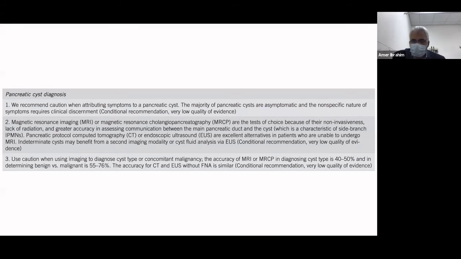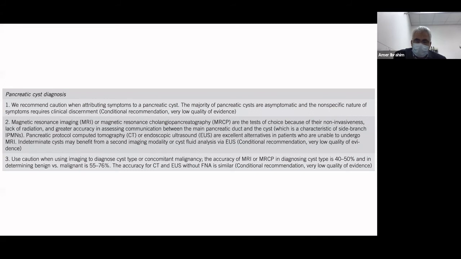Most of the pancreatic cysts, especially the small ones, which have no dilatation of the main pancreatic duct, are usually asymptomatic. So if the patient comes with vague abdominal pain and we did a scan and we found the cyst in the pancreas, probably we are missing something else. Probably this patient needs upper GI endoscopy or colonoscopy, because the symptom is not due to the pancreatic cyst.